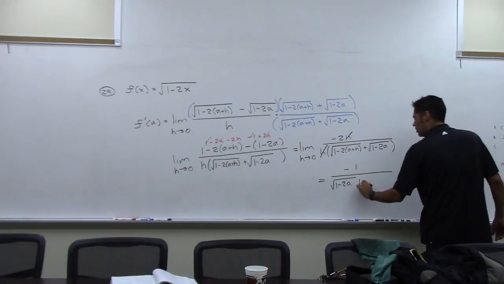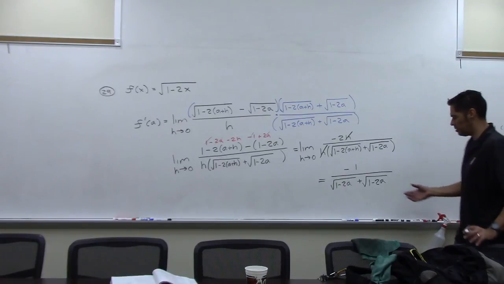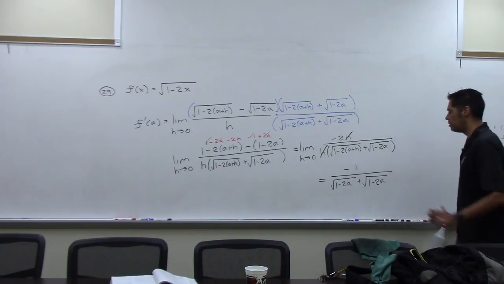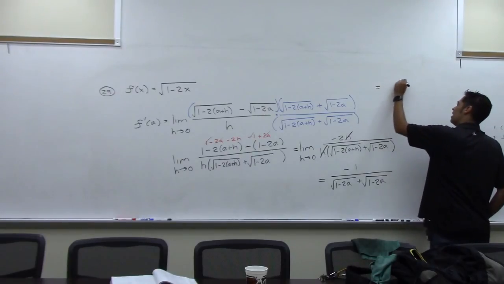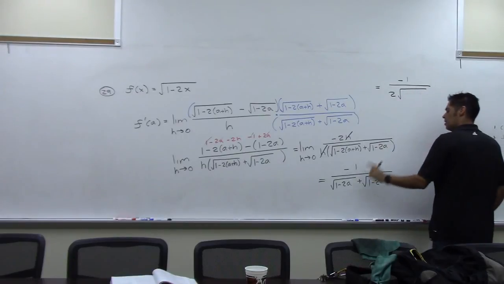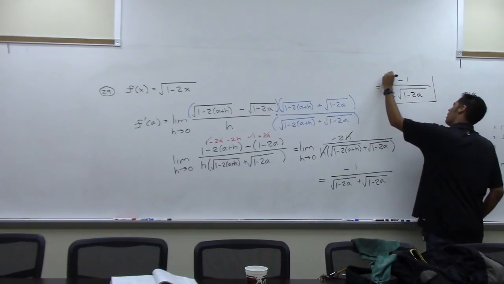And over here, plus another one of those 1 minus 2a's. Now notice it's addition, not multiplication, so I can't put those together like just make the root go away. It's just like you have an apple plus an apple, you got 2 apples. So you should get negative 1 over 2 square roots of 1 minus 2a. There it is.